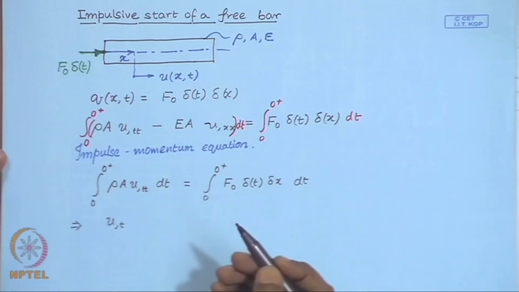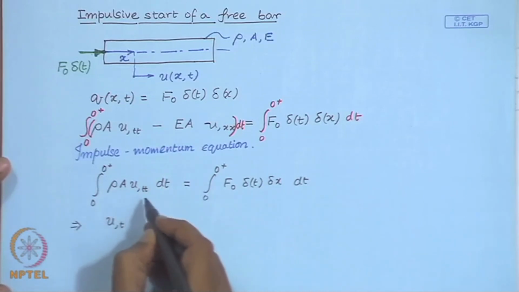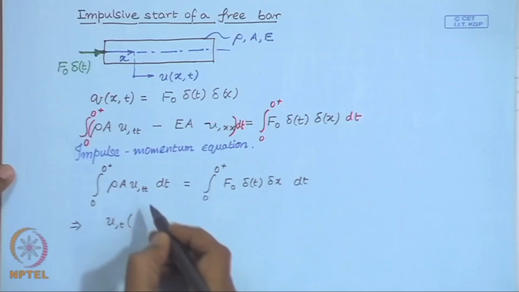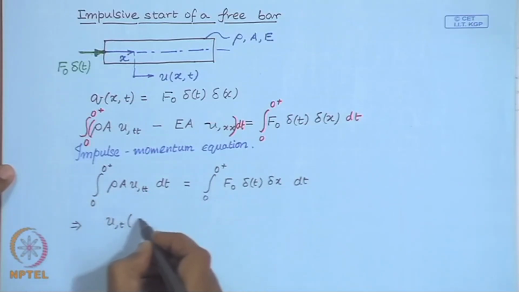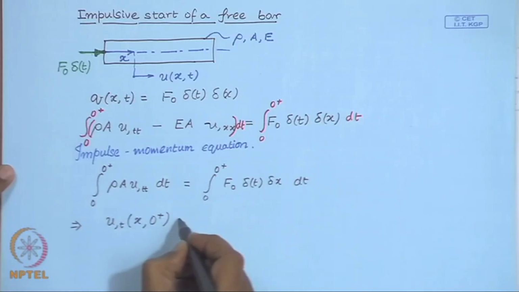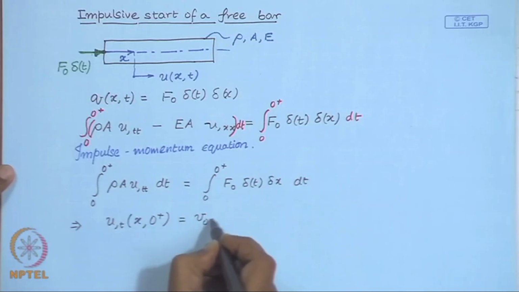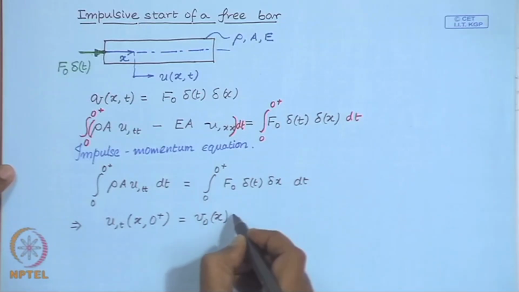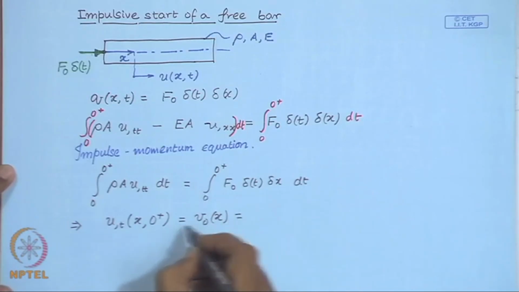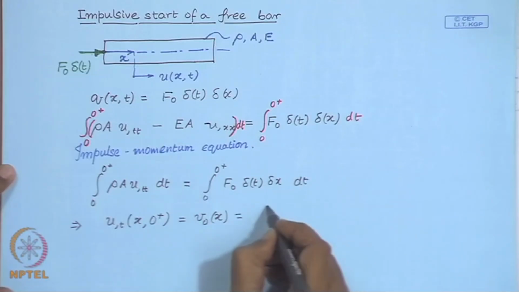What we obtain immediately is, this gets integrated once and the velocity at 0 is 0. So, the velocity just after the impulse, which is represented by v naught of x, is what we obtain. This is the distribution of velocity just after the impulse.